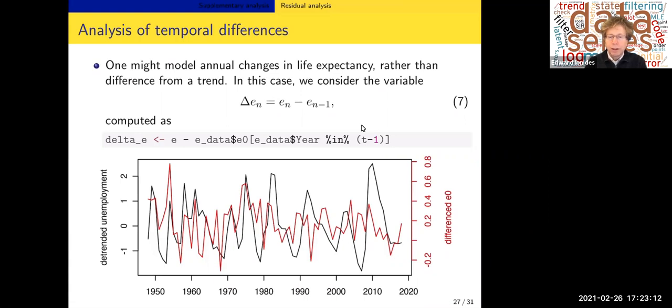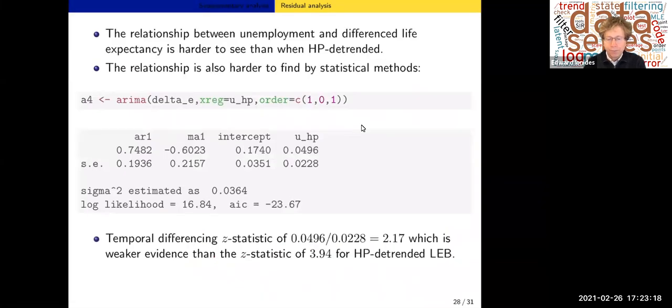And we can check that by a statistical test. The relationship between unemployment and life expectancy is also harder to find by statistical methods when you difference.